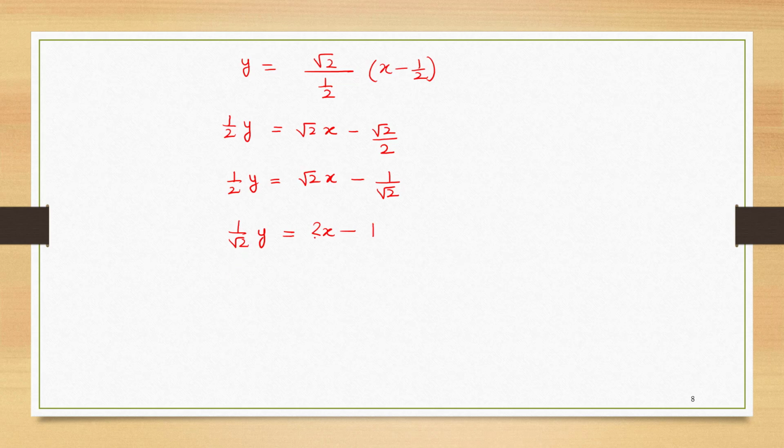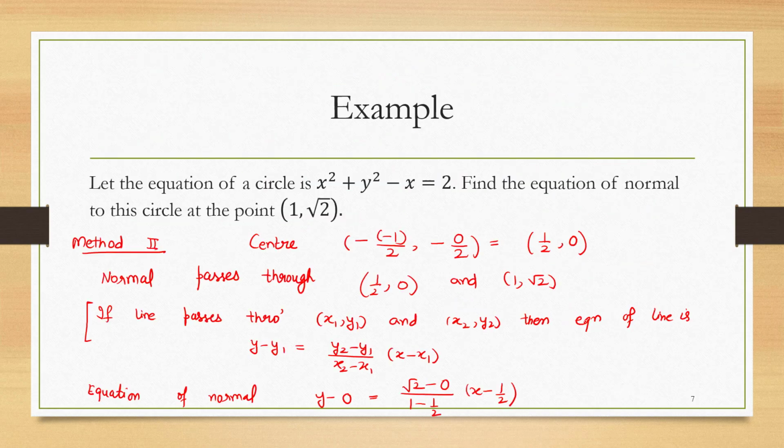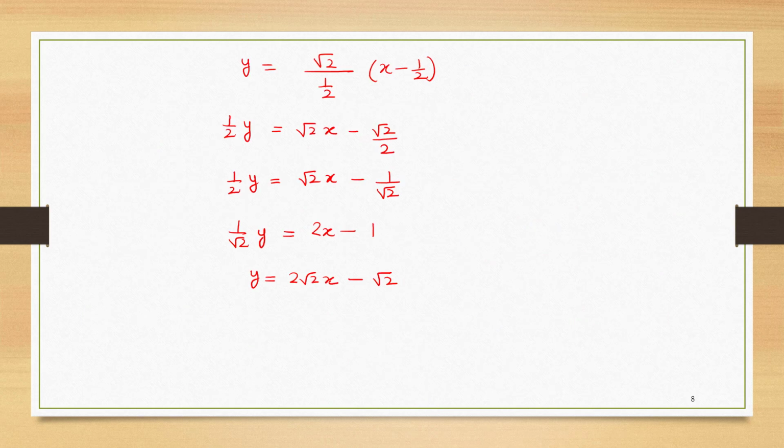Again multiply with square root 2, so we get y is equal to 2 square root 2x minus square root 2. So this is the same equation as we got there, that is 2 square root 2x minus y minus square root 2 is equal to 0.